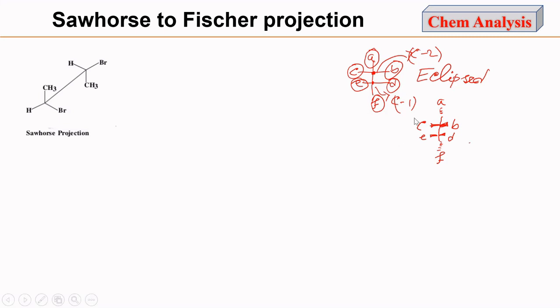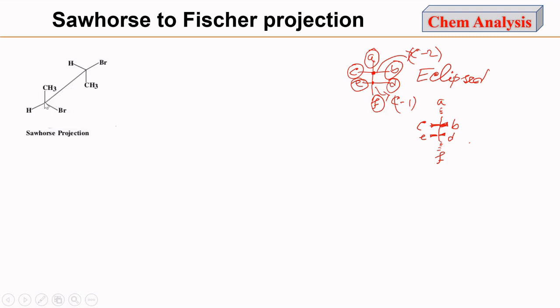So depending upon these two points, we have to convert a Sawhorse or Newman projection formula to a Fischer projection formula. Here we can see that the two groups directed along the vertical axis are below the plane and they are eclipsed. So in the Sawhorse projection formula also, the two groups which will be along the vertical axis in the Fischer projection formula should be eclipsed and below the plane.